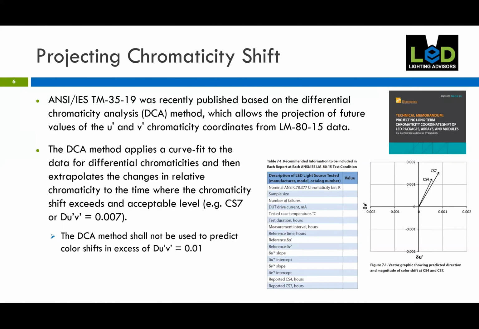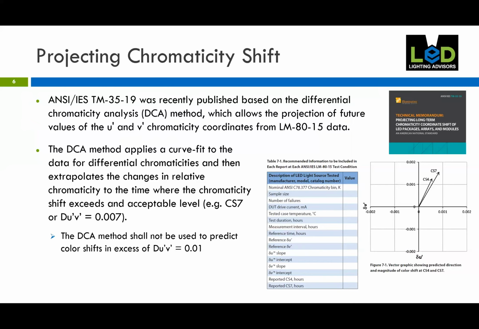So this projection is based on the differential chromaticity analysis method, or the DCA model, which allows a projection of future values of the u' and v' coordinates from the LM-80-15 datasets. The DCA method applies a curve fit to the data, looking at the differential chromaticities, and extrapolates the changes in relative chromaticity. And the outcome is it projects the time at which the magnitude of the chromaticity shift exceeds an acceptable level.